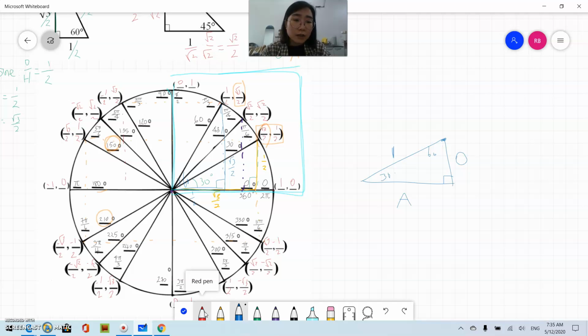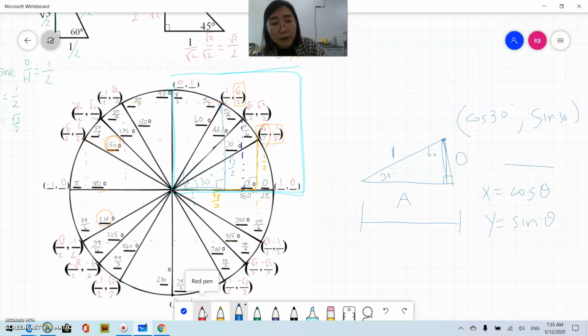And if you look at this coordinate point, the cosine of 30 degrees was my x coordinate, right? Because cosine is adjacent over hypotenuse. So x in the unit circle was cosine of theta. And this height was sine of 30, meaning the y is sine of theta.